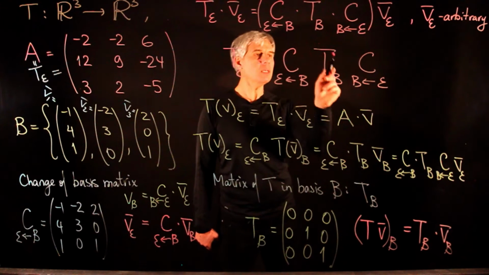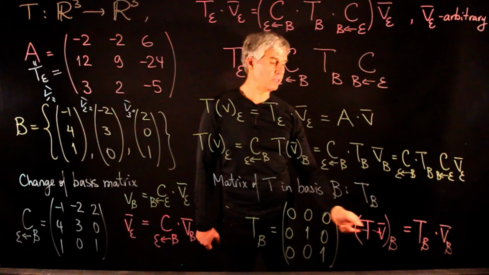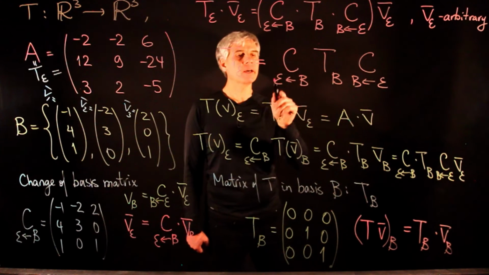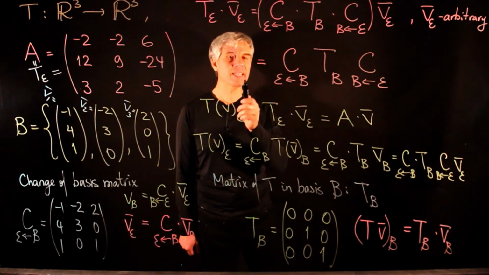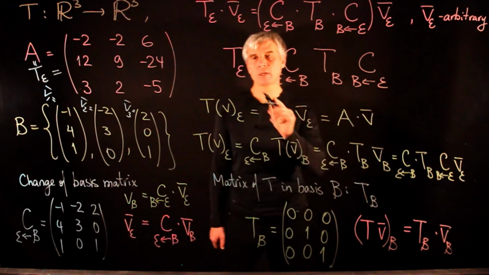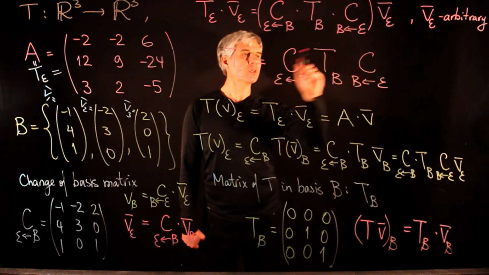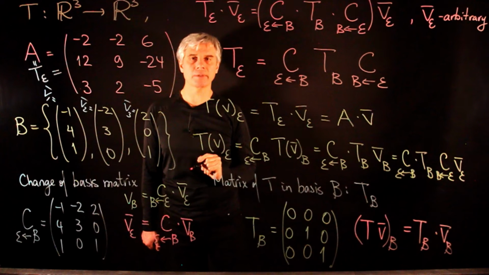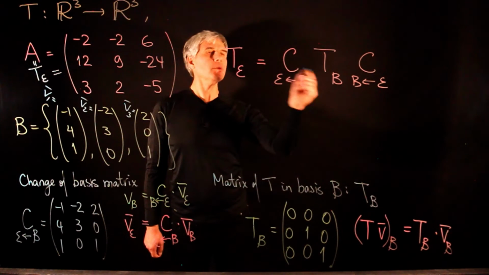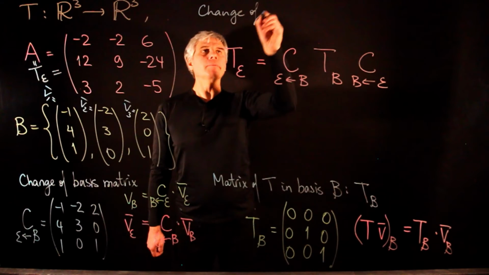Then applying T_B, we obtain the B coordinates of T of v. And finally, recalculating from B to E, we obtain the standard coordinates of T of v. So the result of application of the right-hand side is the same as the result of application of the left-hand side.